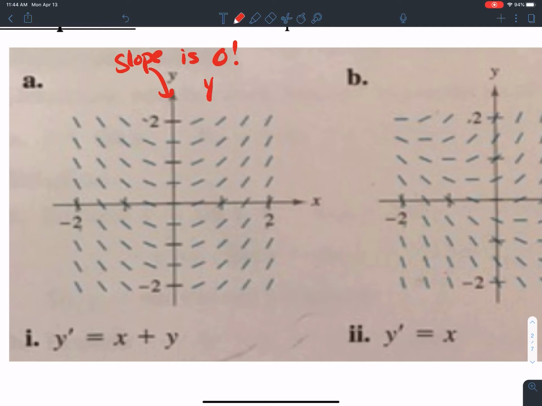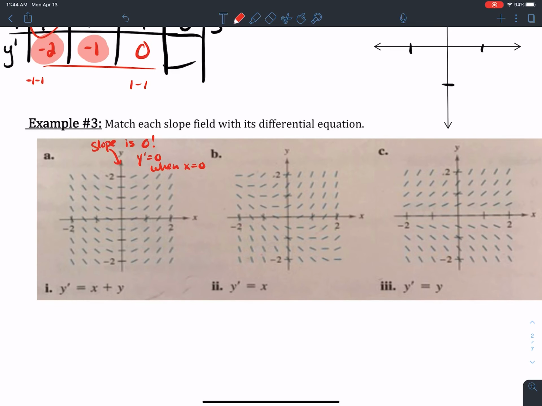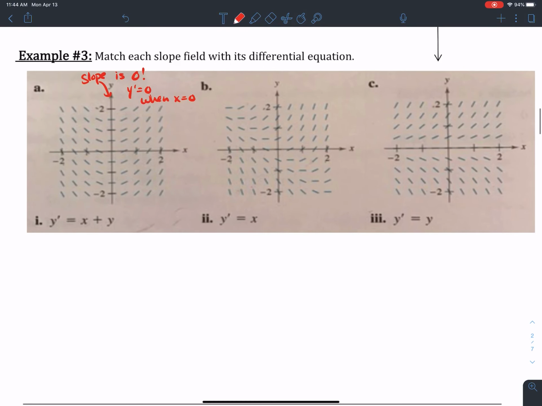So the slope is 0, and I notice that whenever x is equal to 0. So when I look at the equations, when would my slope always be 0 if x was 0? Well, it has to be this right here. So this graph was a slope field for the differential equation in number 2. That is the only one that would give me the slope of 0 when x is equal to 0.